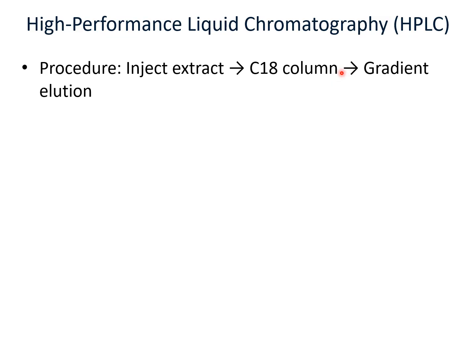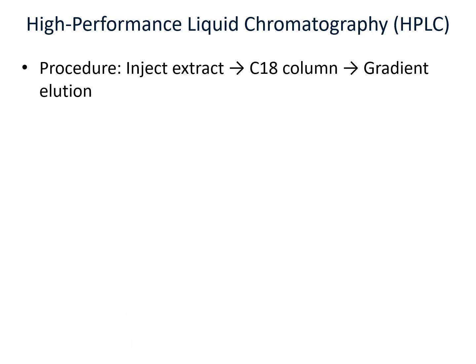And then as the components separate, they are eluted out of the column through gradient elution, where they pass through a detector that detects and quantifies each of the separate components and visualizes using a computer software.